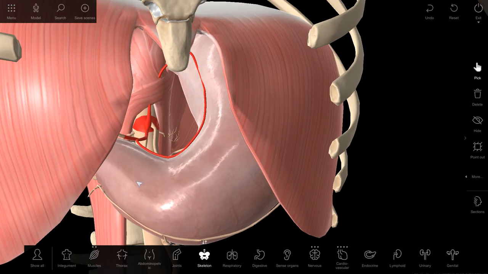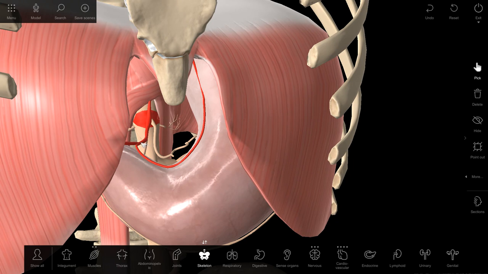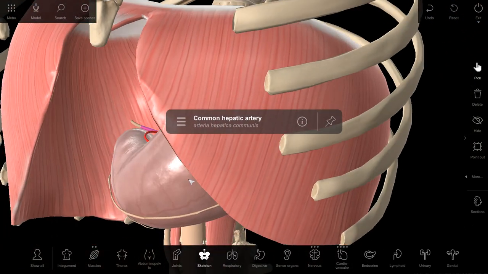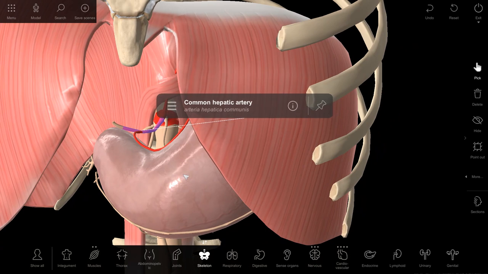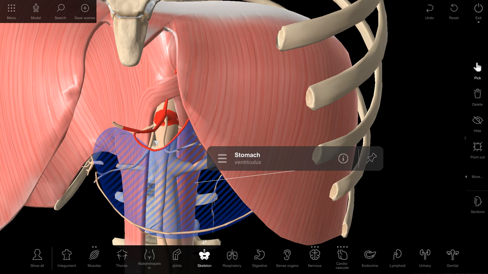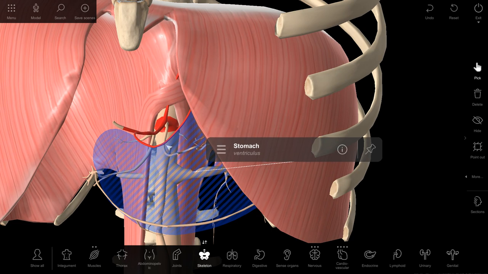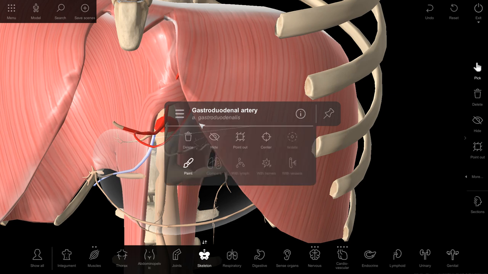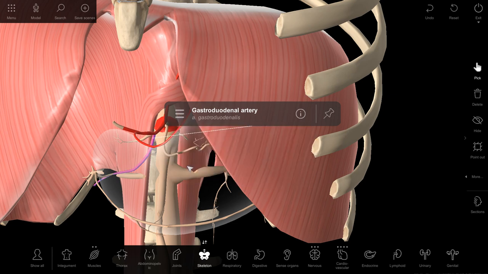And let's return to the Arteria hepatica communis, because before, let's again hide the stomach, before it also gives one another artery, Arteria gastroduodenalis. Again, I want to paint this structure.